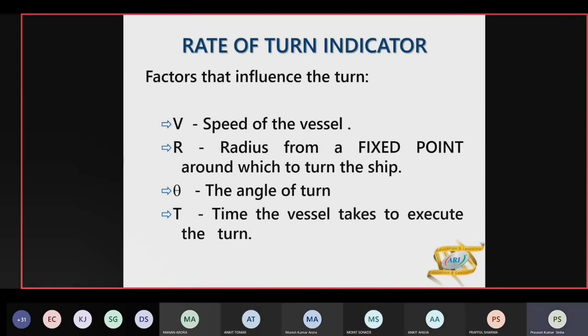when we are turning, these are taken into account. These are the factors that will actually be playing a major role.